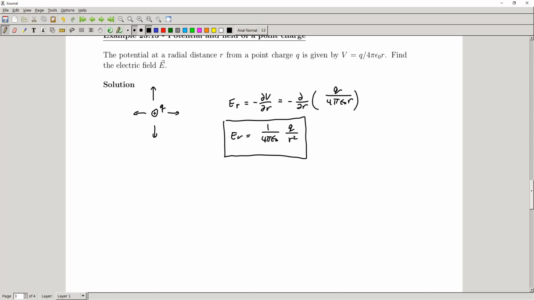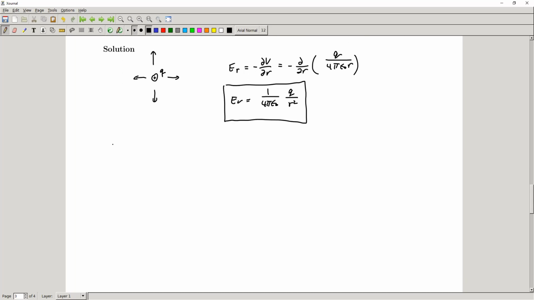We could also do this in different coordinates, right? Let's say we didn't realize or didn't want to use the radial component of this. Maybe before I move on to that, I should write that we can write our electric field here as a vector, because we know that this is all just going to point in the r hat direction.